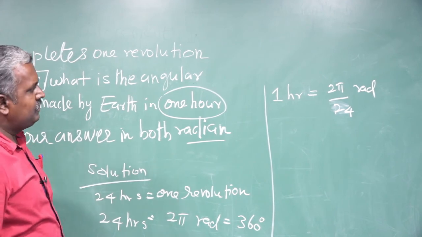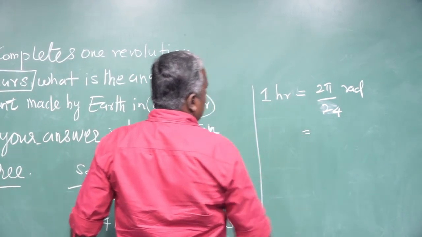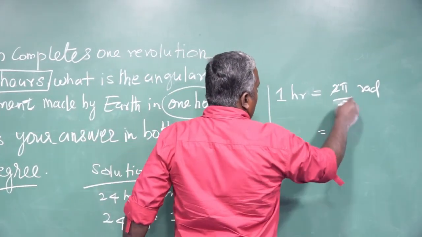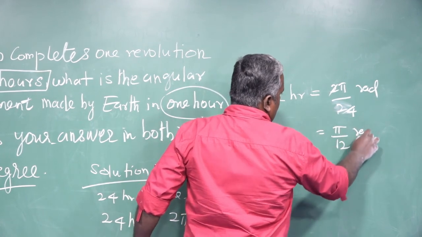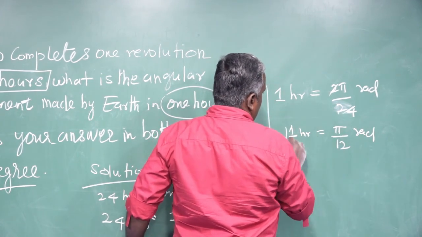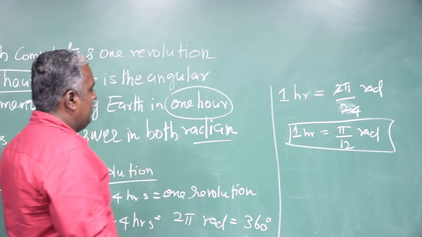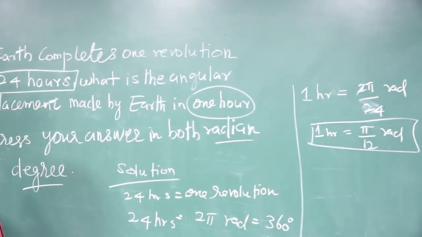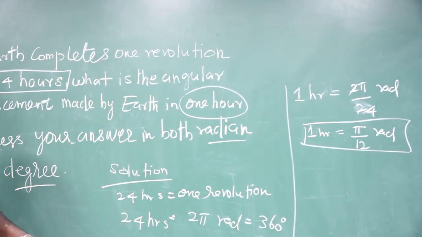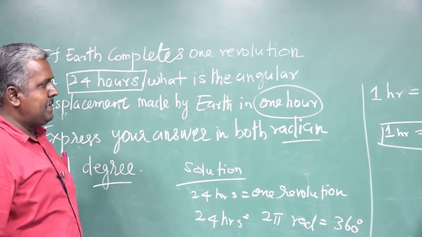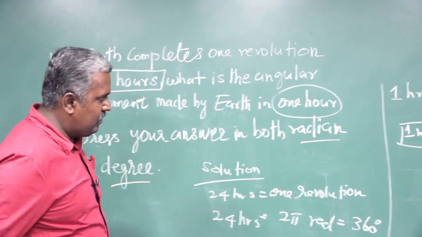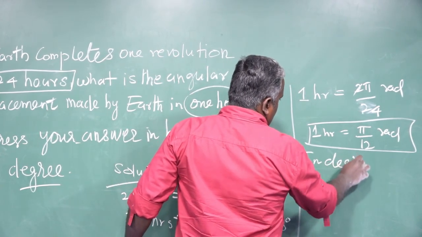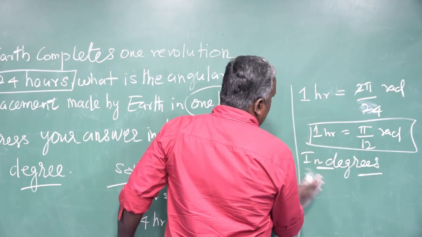So what is the answer? For 1 hour, the angular displacement theta is equal to pi by 12 radian. That is in radian.